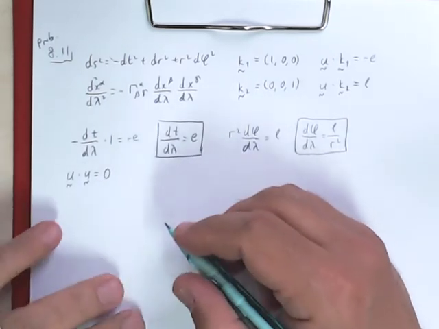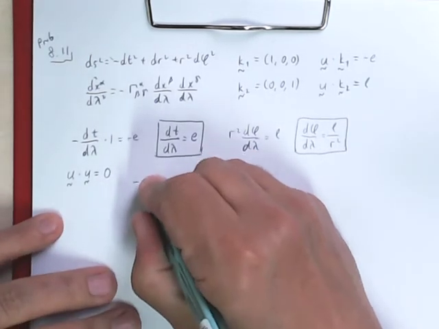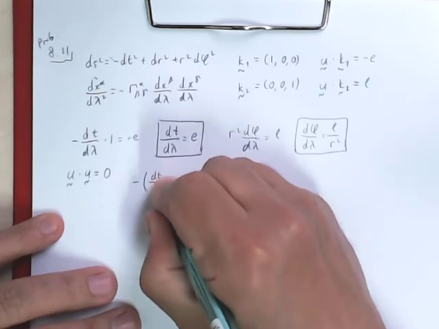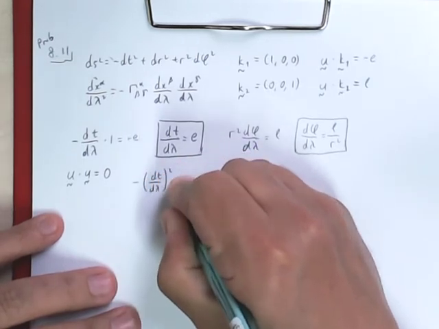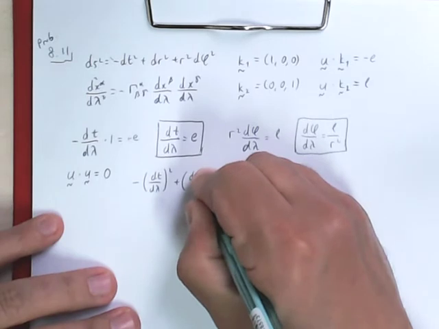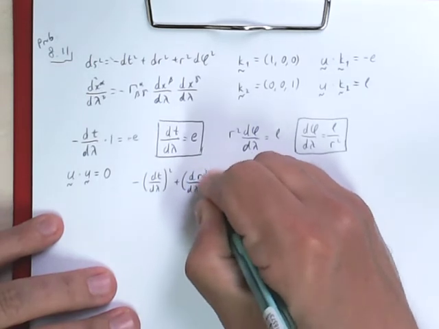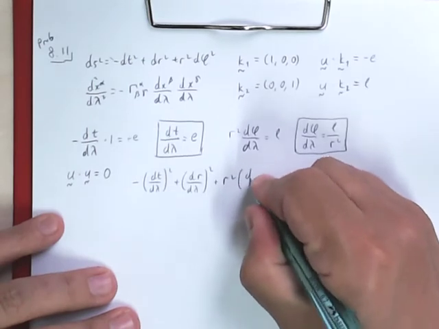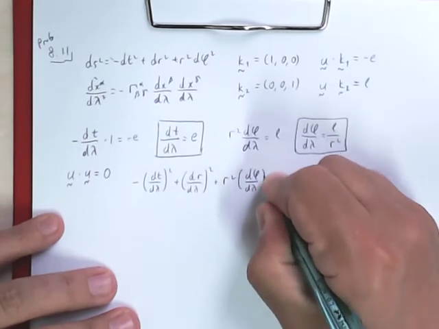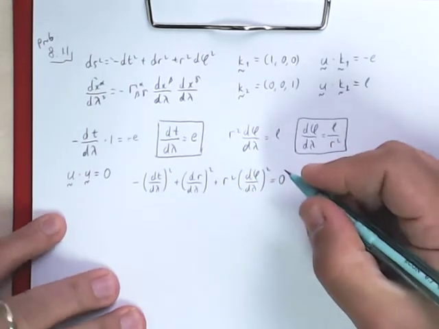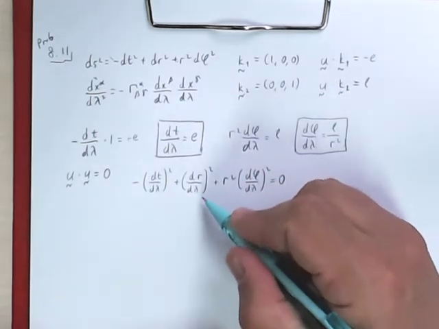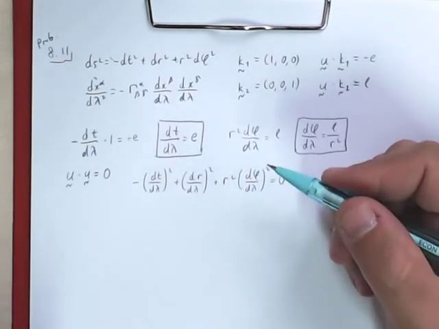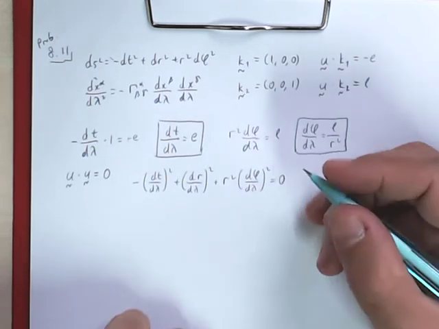So how do we write this one? This is going to look like minus (dt by d lambda) squared plus (dr by d lambda) squared plus r squared, coming from the metric, times (d phi by d lambda) squared, is 0. So I can write this as a differential equation for dr by d lambda.